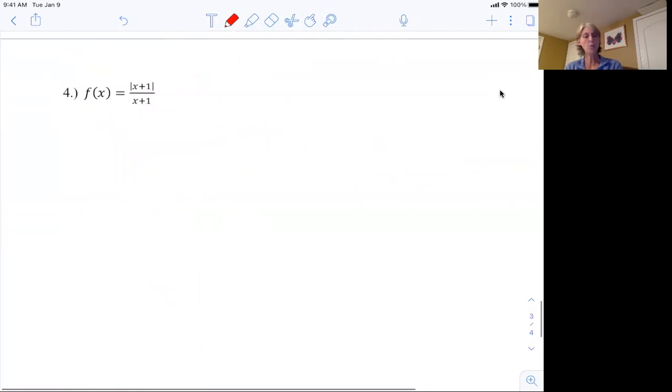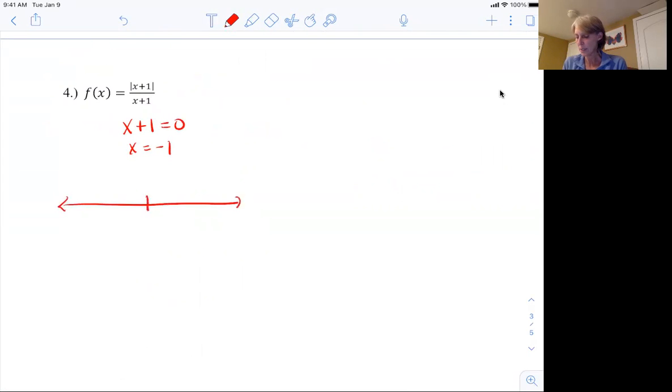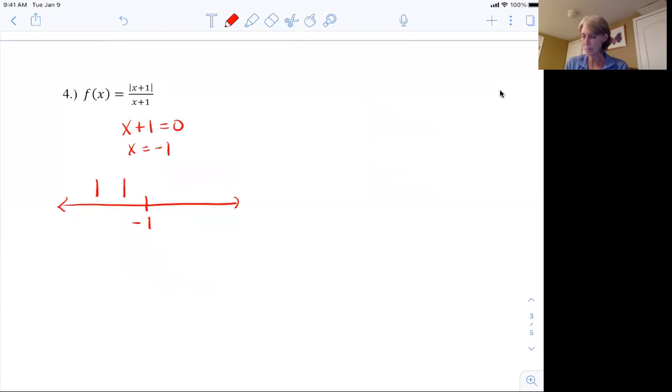Okay, so number 4. Number 4 is also a little tricky. I have the absolute value of x plus 1 over x plus 1. So first off, I'm just going to find where it changes rules. Negative 1 is my kind of vertex, so to speak. When I plug in a number less than negative 1, I only focus on the absolute value right now. What type of number would be in the absolute value sign? A negative.